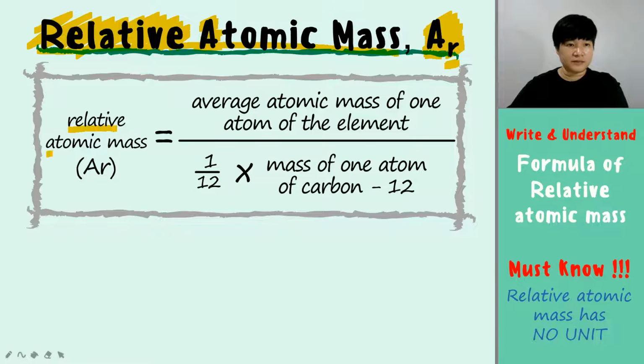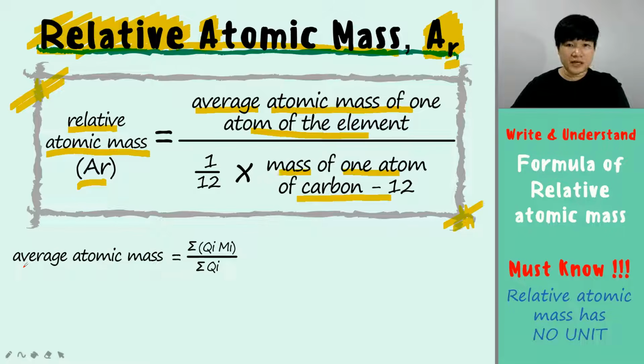Your relative atomic mass Ar is equal to the average atomic mass of one atom of the element over 1/12 times the mass of one atom of carbon-12. Don't worry, we'll learn how to use this formula later on. It's very simple. Let's understand the formula first.